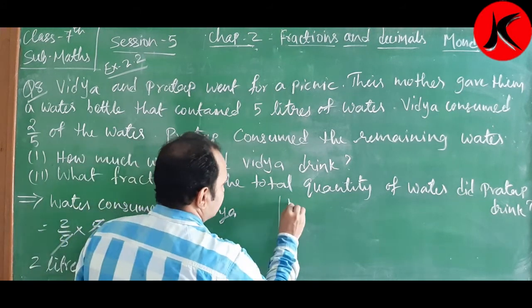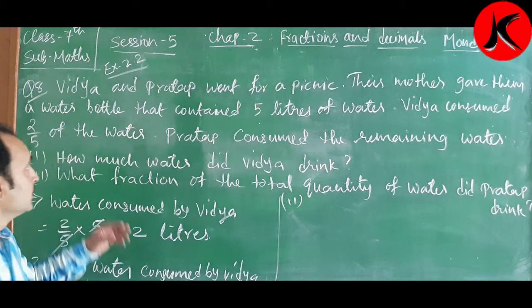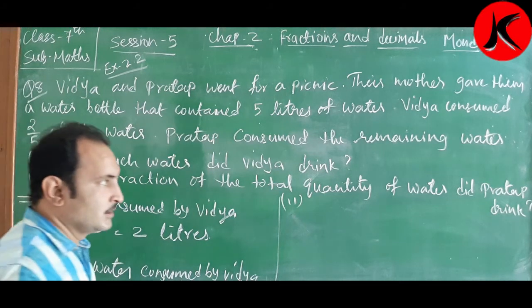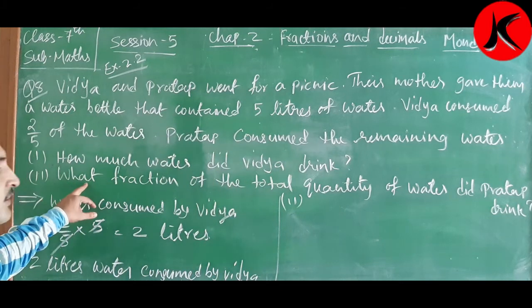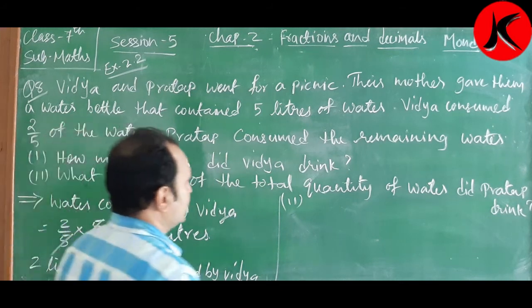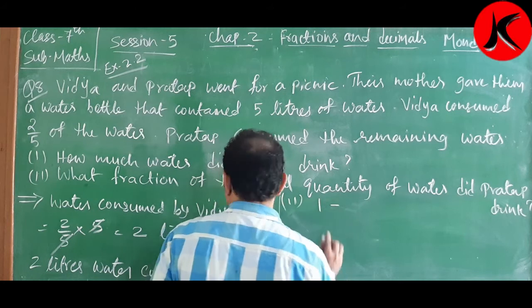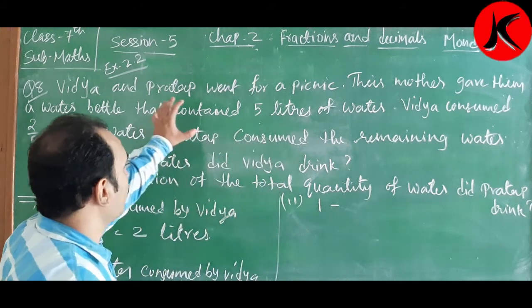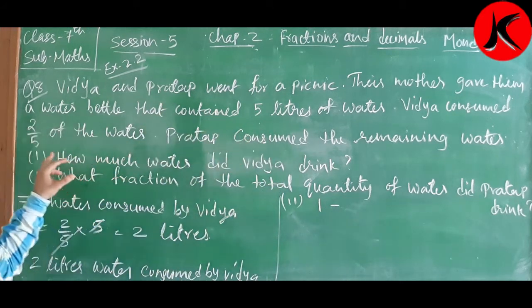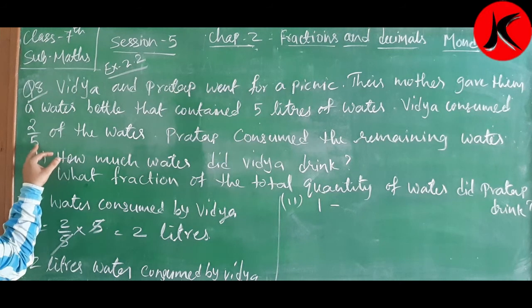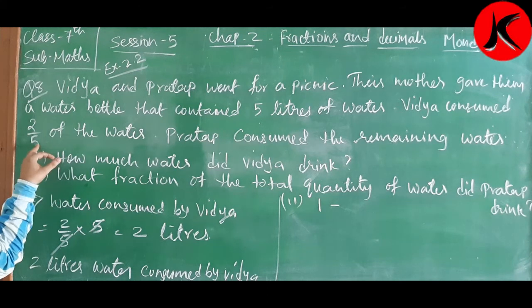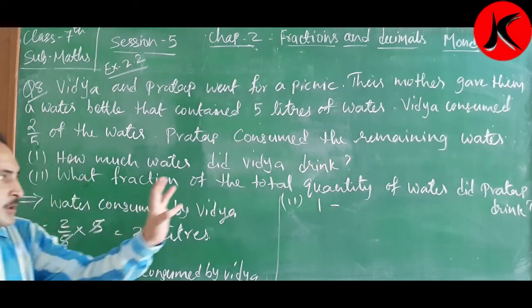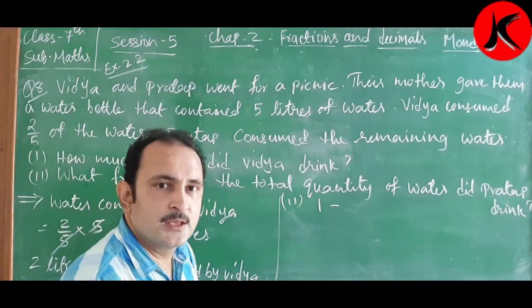Next question is asked, children. What fraction of it was drunk by Pratap? Taking the total fraction as 1, 2/5 was drunk by Vidya. The remainder was drunk by Pratap.